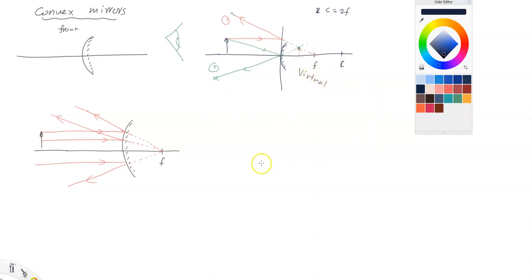Okay, let's try another one. One second. So a third important light that we can use. Let's place an object over here.